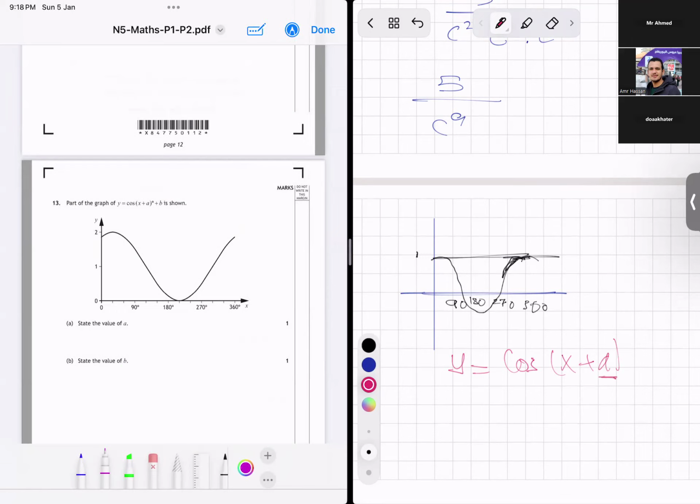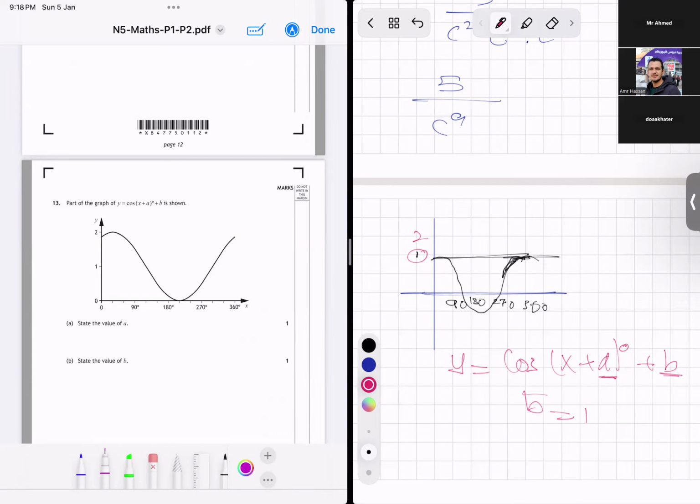A sounds like degree, but B, this one, it's shifting up only 1 unit because it was 1, but right now it goes into 2, which makes sense that B equals 1, right? It's obvious. Did you get it?